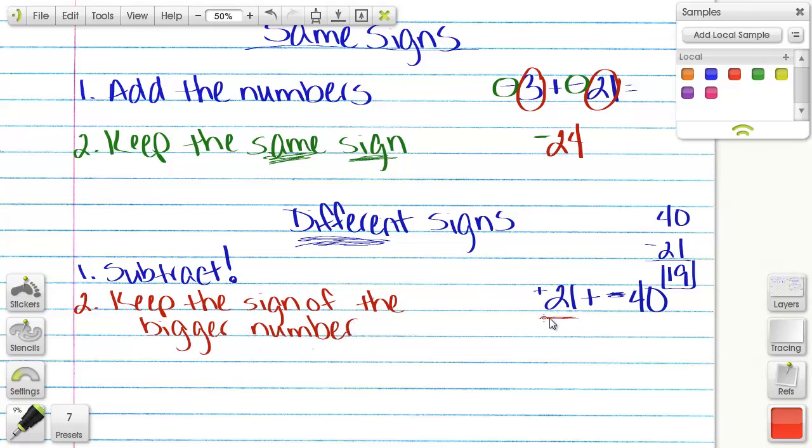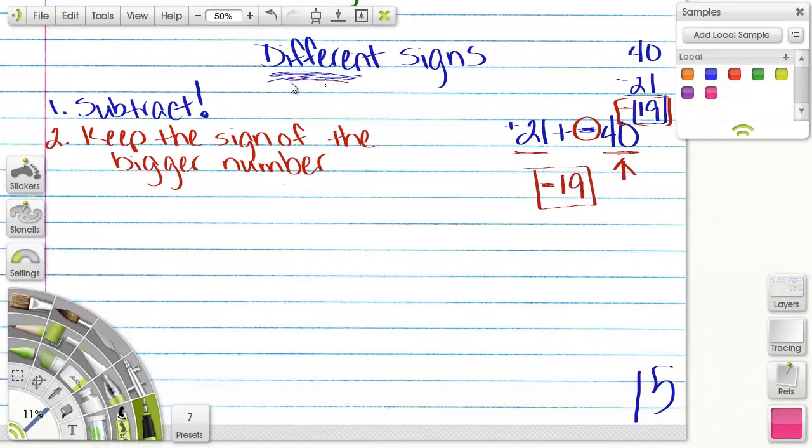I have 21 and I have 40. 40 is my bigger number, so I'm going to keep this negative. And that's it. So my answer here is negative 19. Okay?